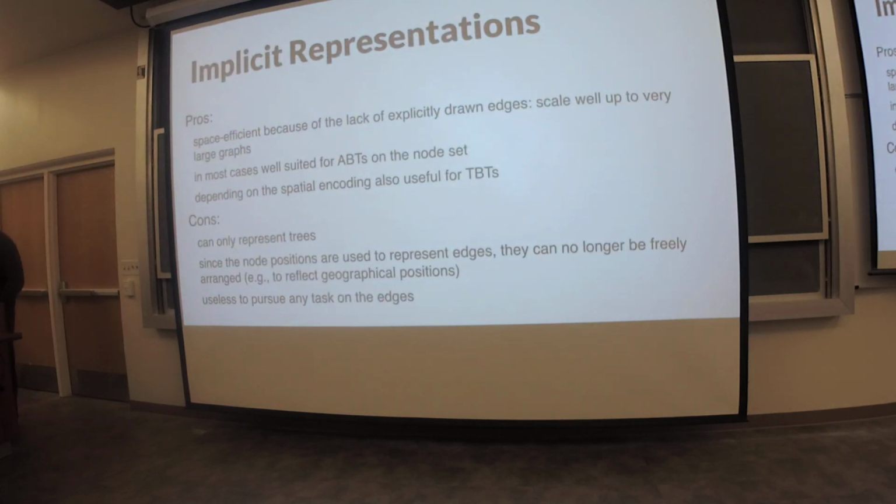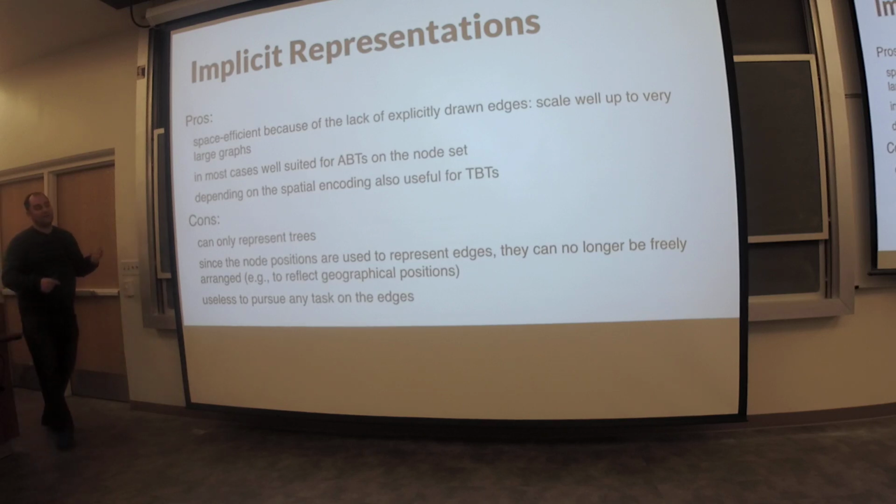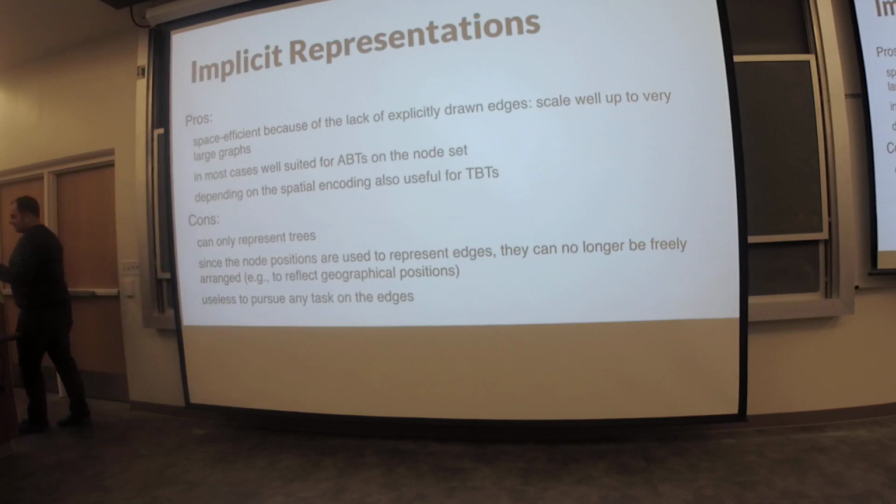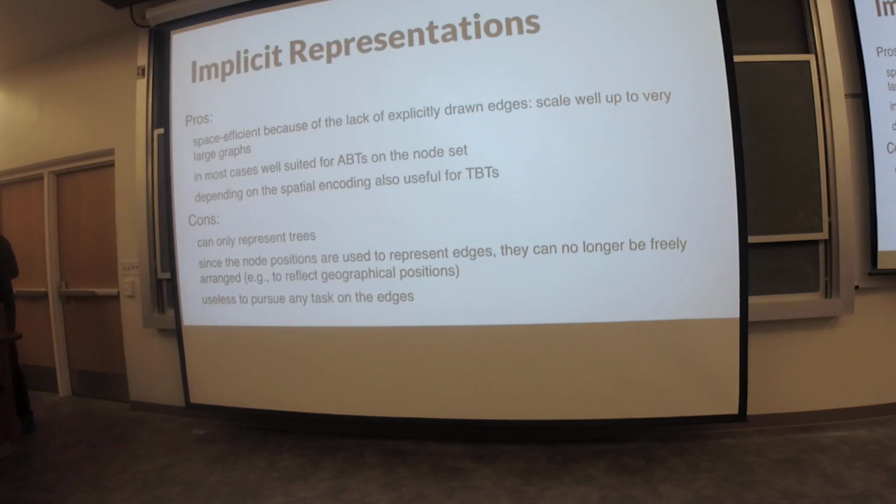Okay, so if we reflect a little bit on implicit representations, they are very space efficient because we have this lack of explicitly drawn edges. We don't have any overlaps, so they scale up very well to large graphs. If we think about the tasks, attribute-based or topology-based tasks, they're well suited for attribute-based tasks on the node set or the leaf set, depending on which technique you use.